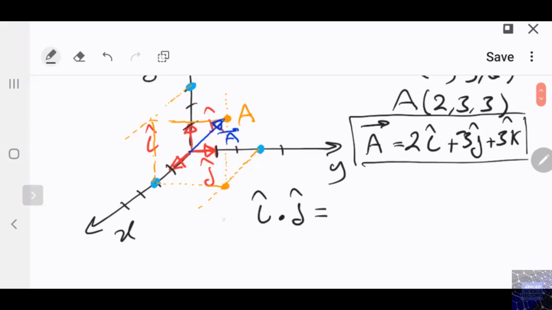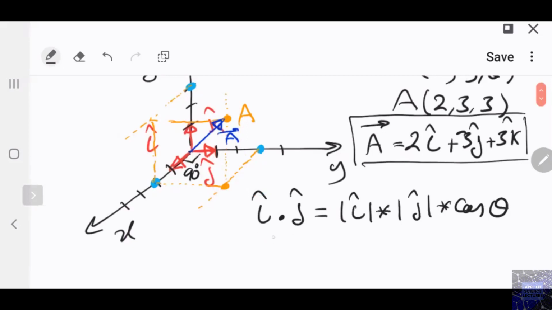Why? Because the dot product is the magnitude of the first one times the magnitude of the second one times cosine theta. Now, theta between i hat and j hat, as we said, is 90 degrees.